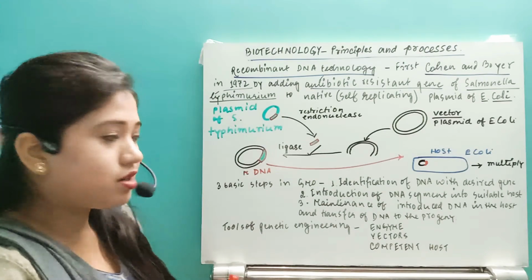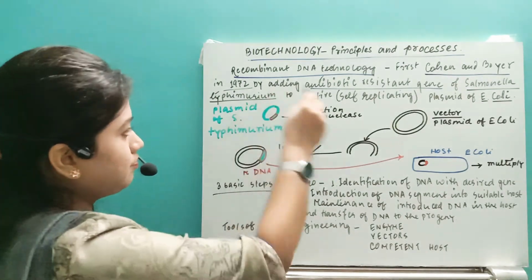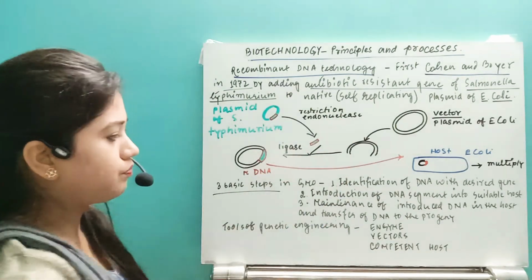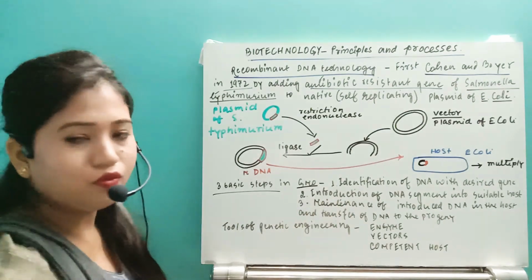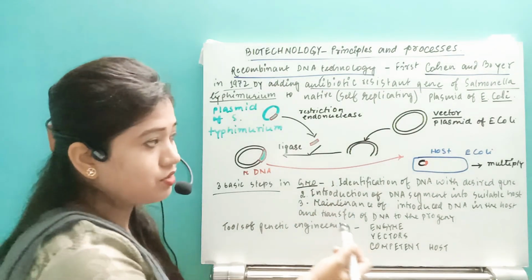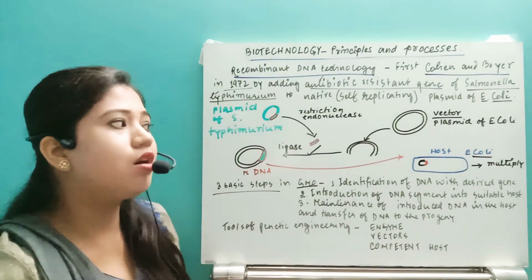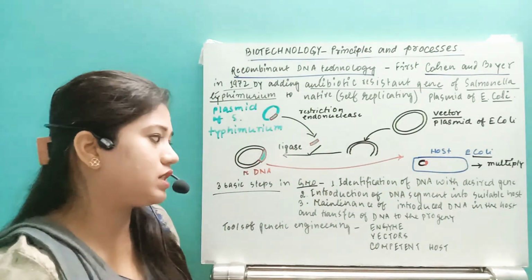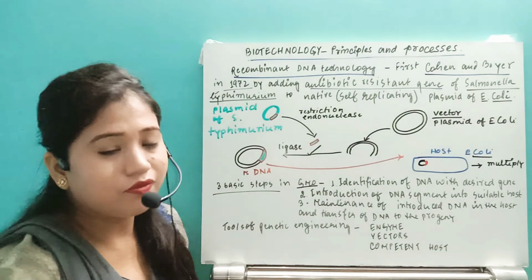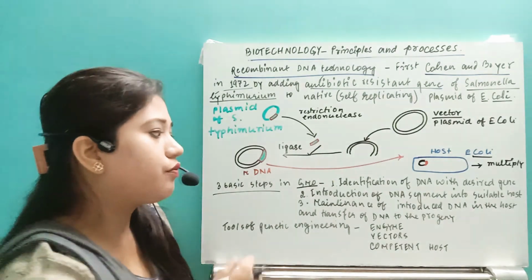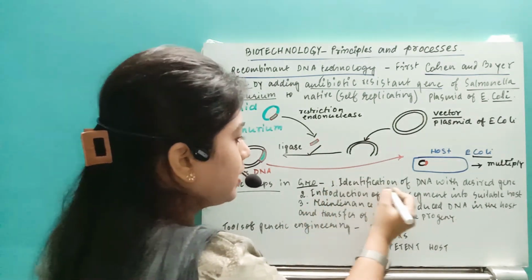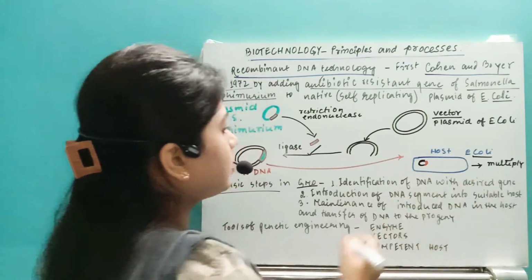So you just see what steps we have followed in this experiment. First of all, this is the GMO, which is now the E. coli that has a foreign gene, isn't it? So this is the genetically modified organism. First of all, what you have to do is identification of the DNA with the desired gene.